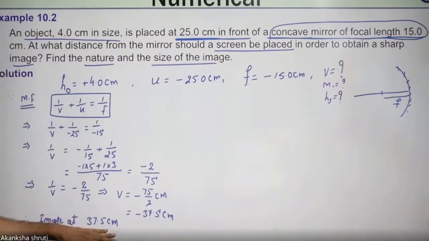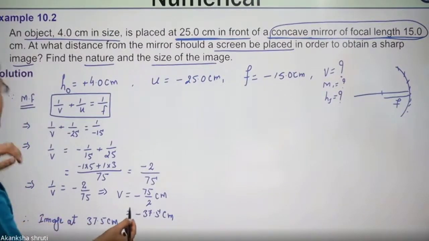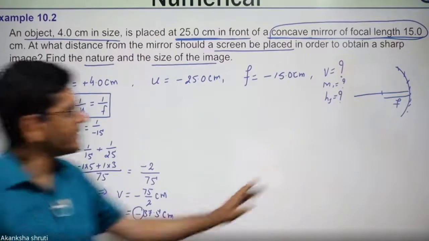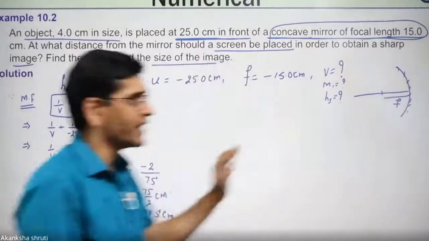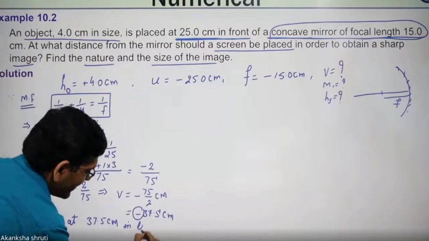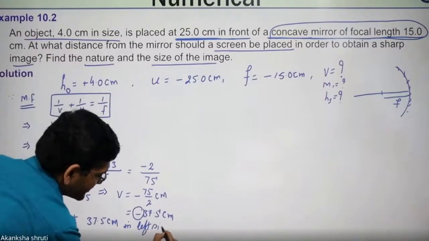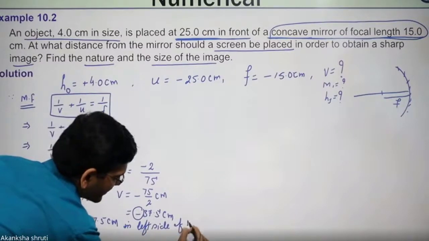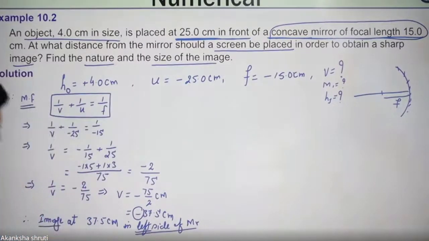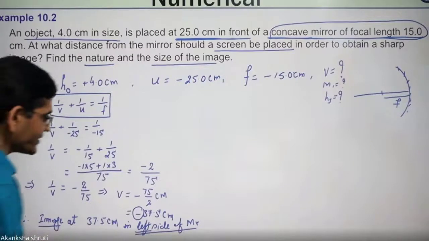But this is not final, because the sign is even more important here. The sign is negative, meaning it is on the left side of the mirror, and we have learned that if the image is formed on the left hand side, it is real.